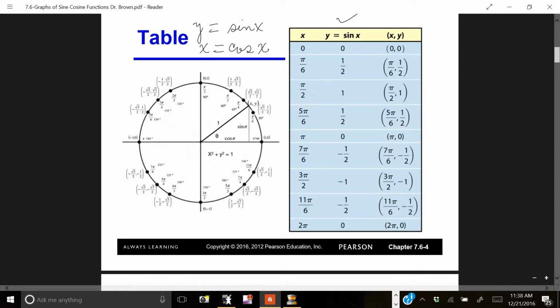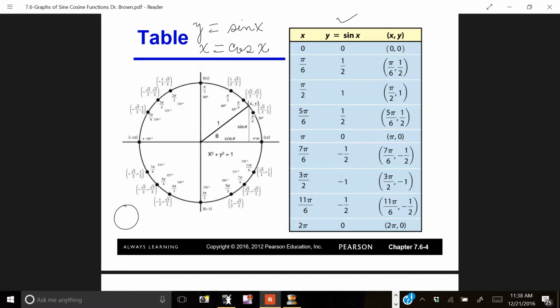And notice that as we go around the unit circle, the period is 2 pi. Every 2 pi it repeats.